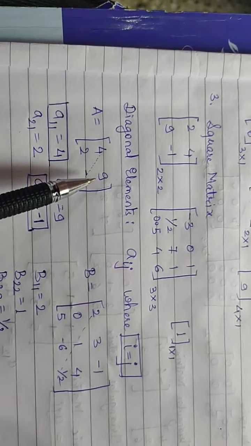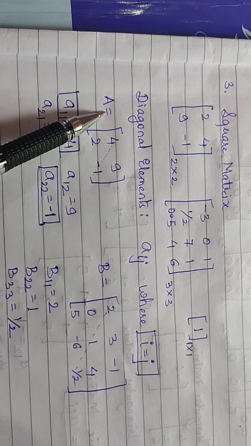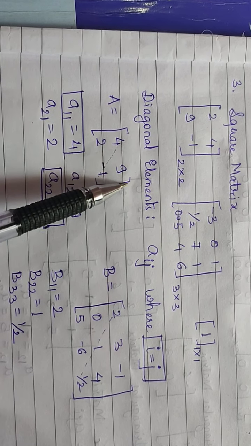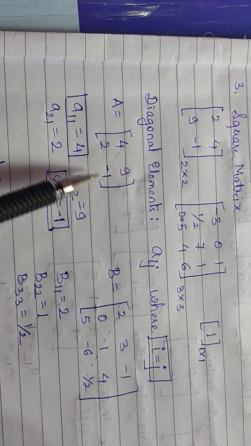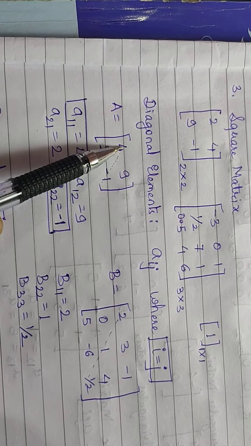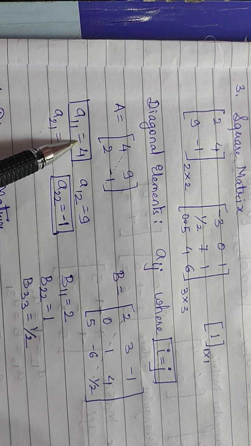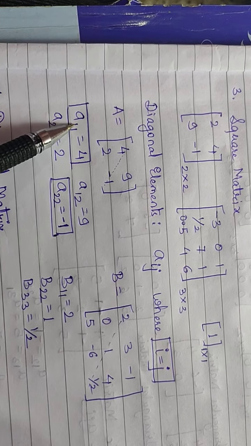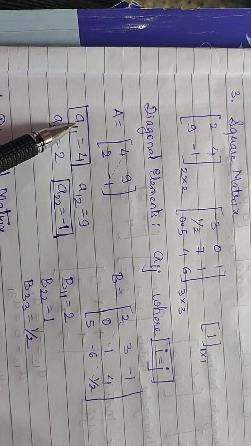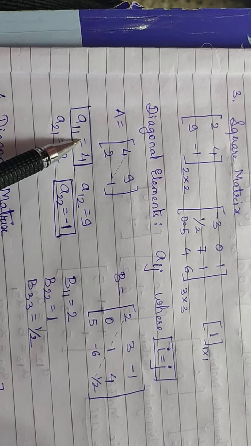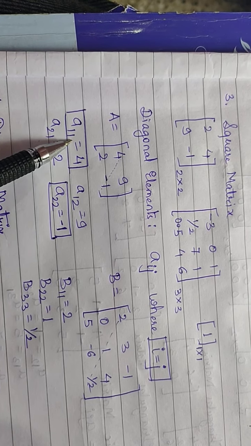See in the example, in the matrix A, the elements are 4, 9, 2, -1. This 4 is the element in the position A11. While mentioning the position aij, we write the number of row first and then the number of column.